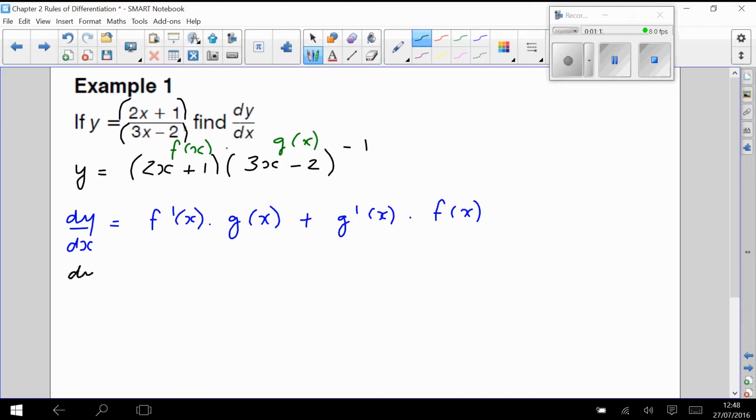Now finding the derivative of this function, the derivative of f of x is going to be 2. Timesing that by g of x, I must times it by (3x minus 2) to the minus 1.